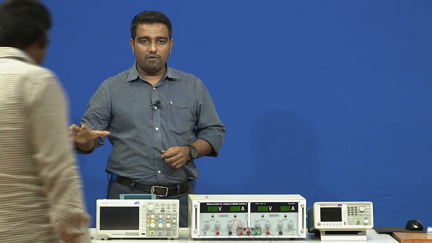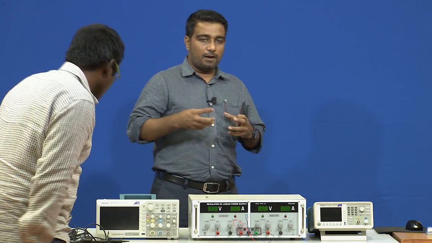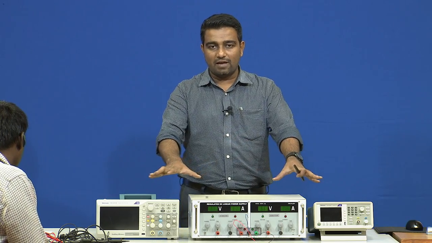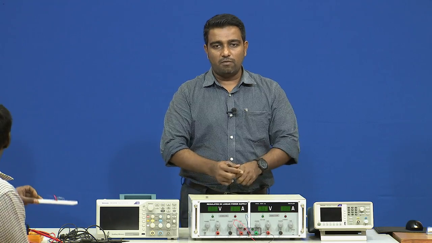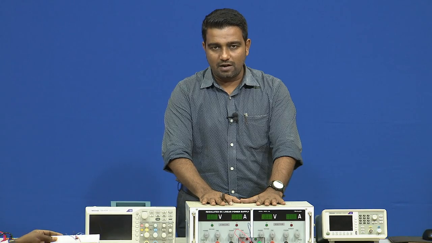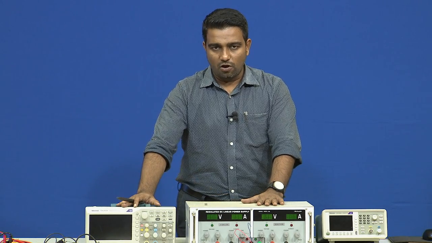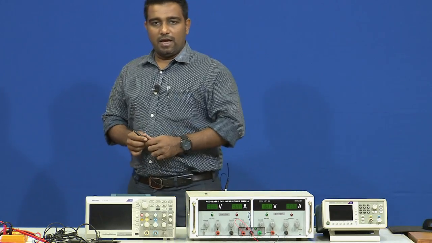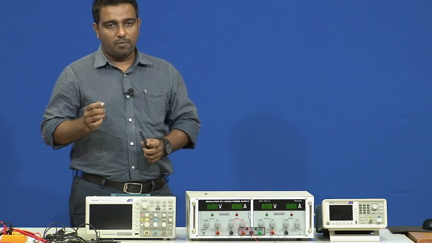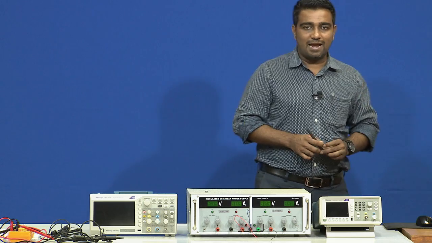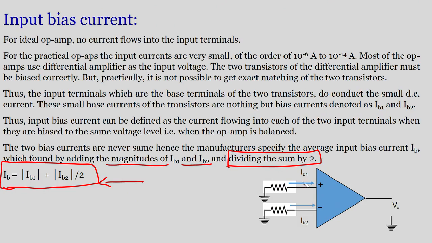Now we focus on how he is connecting the operational amplifier with the things that we have on the table. This is your function generator, this is your DC supply, the linear DC regulator supply, and this is your digital oscilloscope. He will be connecting the breadboard along with the operational amplifier and resistors like you have seen in the slide, resistors 1 and 2.